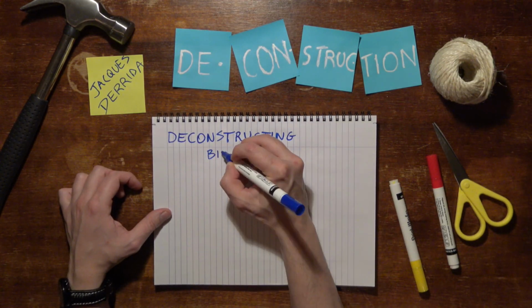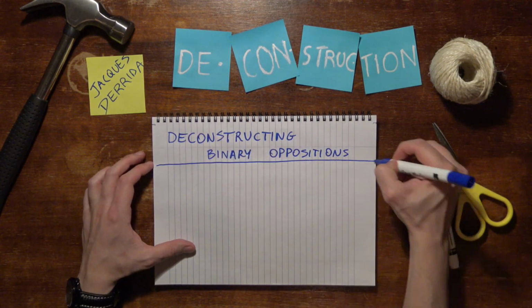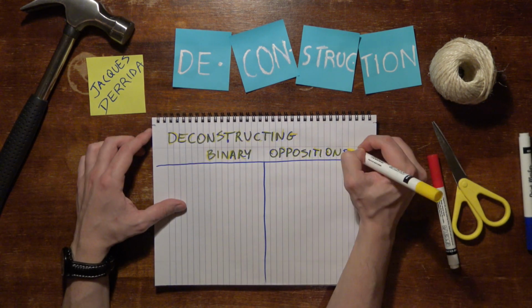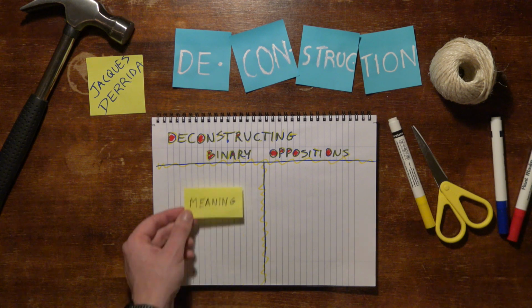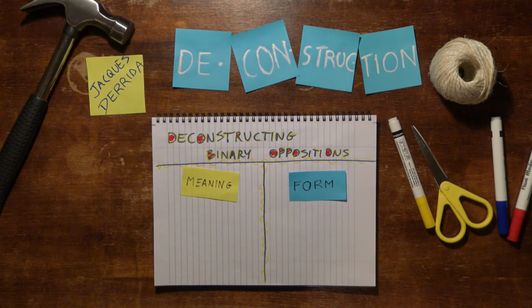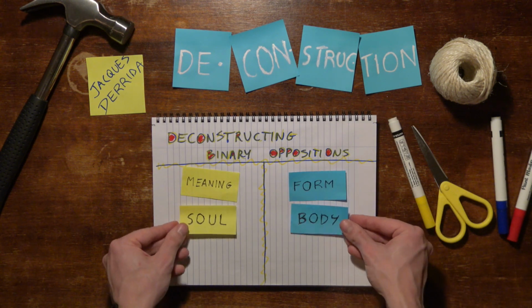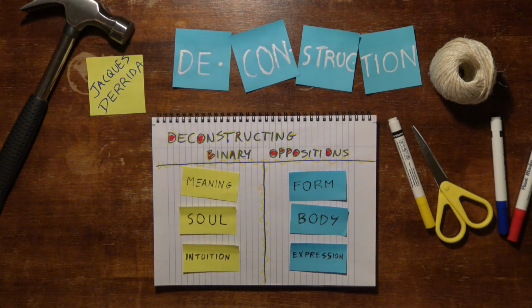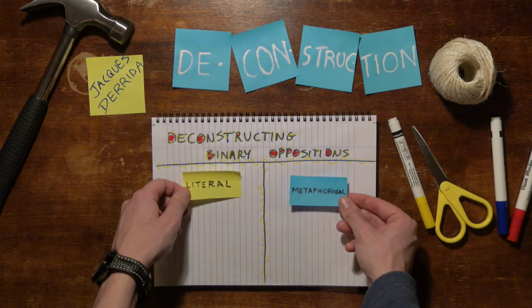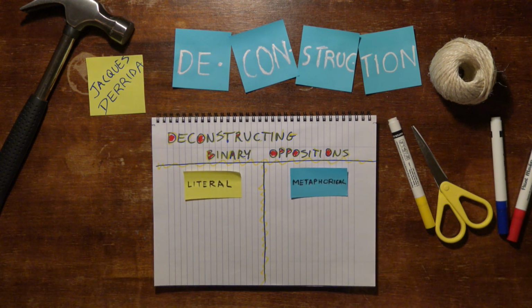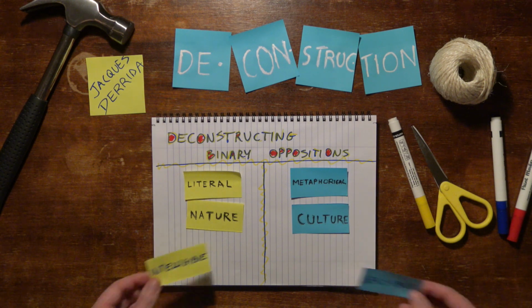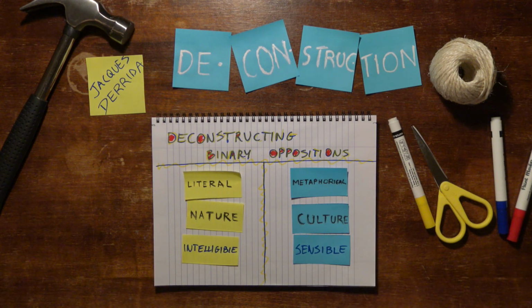According to Derrida, one of the characteristics of Western philosophy is thinking in terms of binary oppositions, polarities, dichotomies, such as meaning, form, soul, body, intuition, expression, literal, metaphorical, nature, culture, intelligible, sensible.